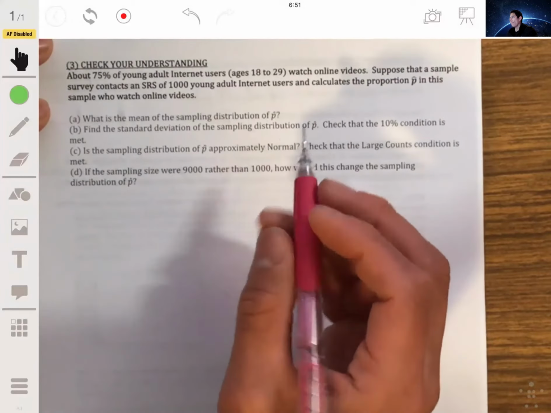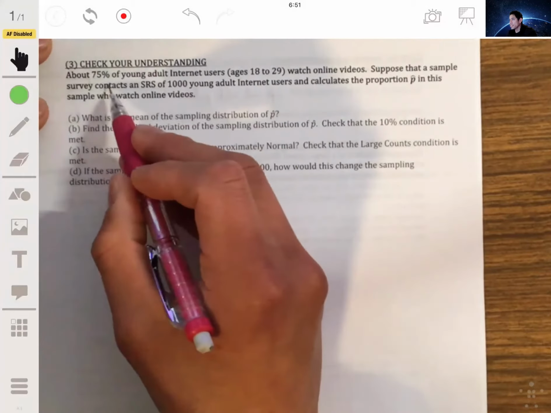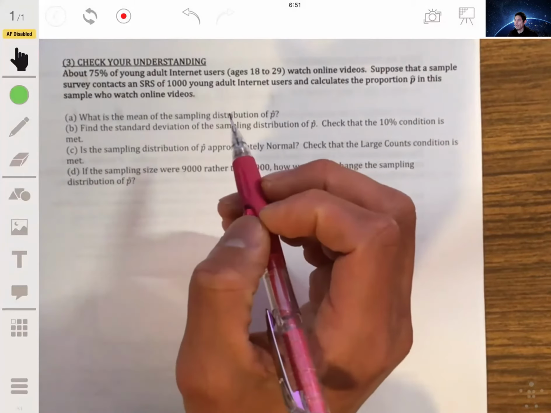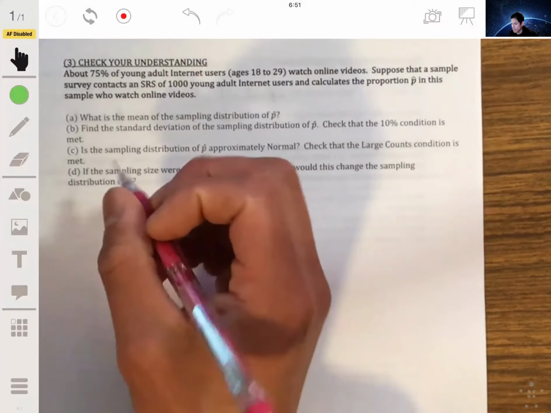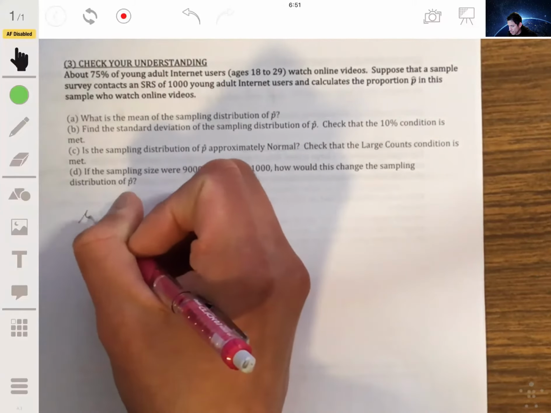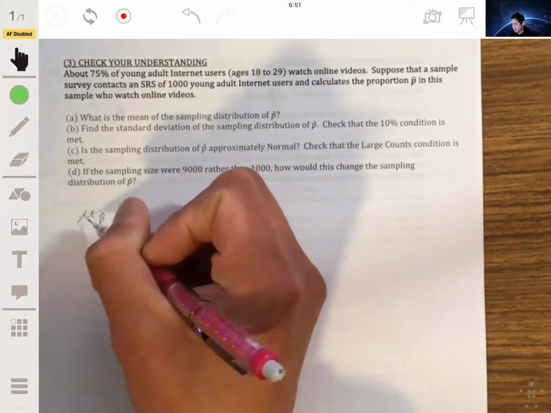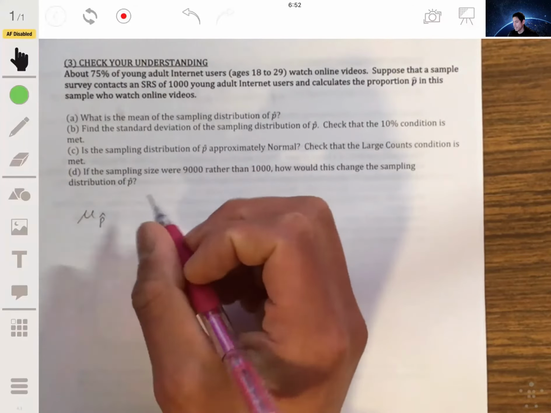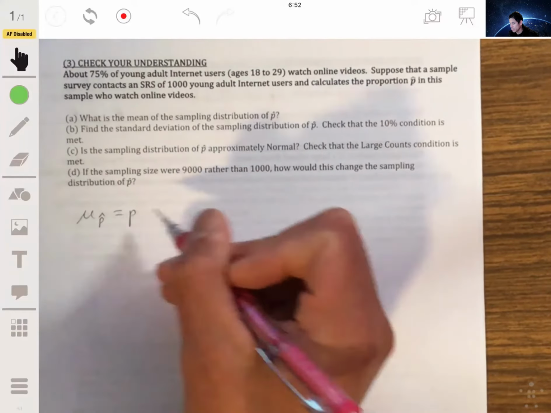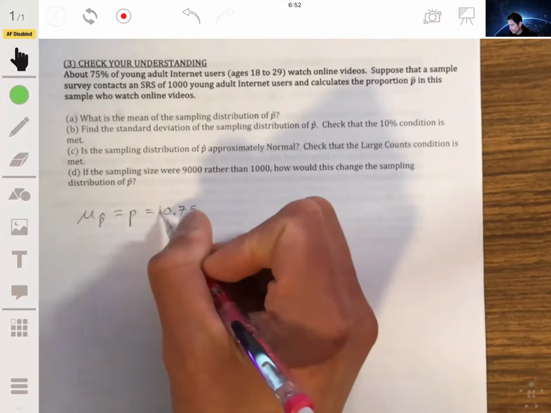That would be equal to the population proportion, because it's an unbiased estimator. Let's practice writing this correctly: mu sub p-hat, the mean of the sampling distribution of p-hat, is equal to the population proportion, which is 0.75.